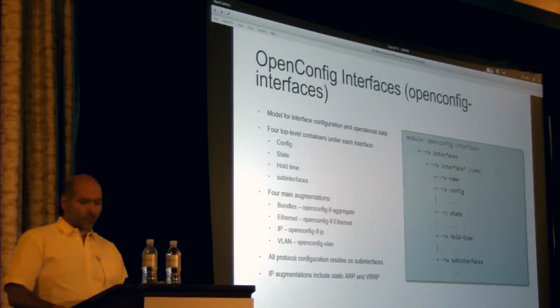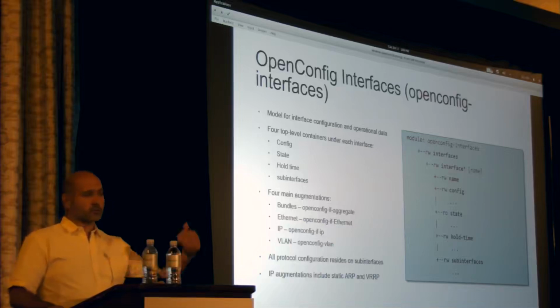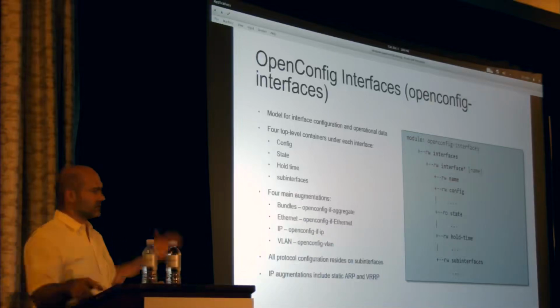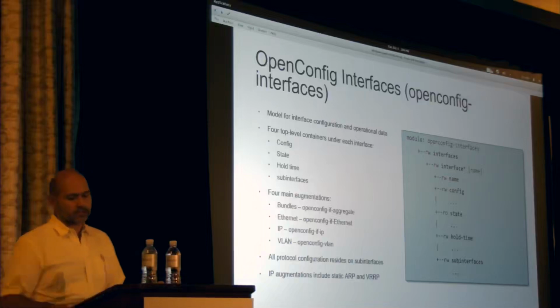All right. So let's look now at interfaces. The interfaces model, as the name suggests, is the model that has all the config and operational data for interfaces on the device. It has a top container that is interfaces. You have a list of interfaces, indicated by interface star.